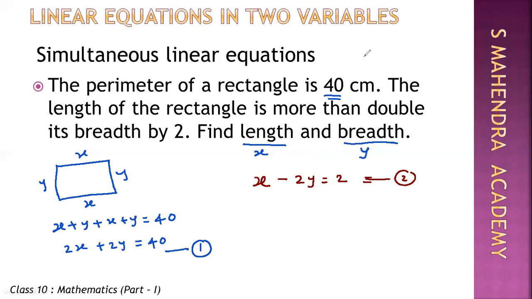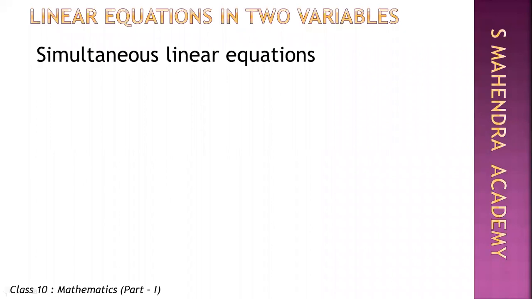Equation number 1 as 2x plus 2y is equal to 40, and equation number 2 as x minus 2y is equal to 2. So here we have got two equations: 2x plus 2y is equal to 40, and the second equation, that is x minus 2y is equal to 2.